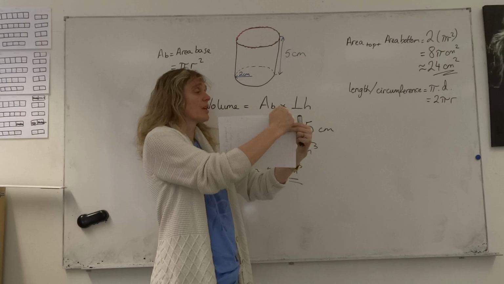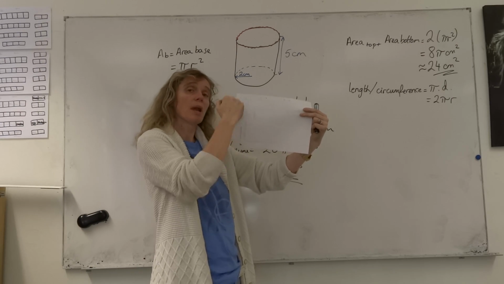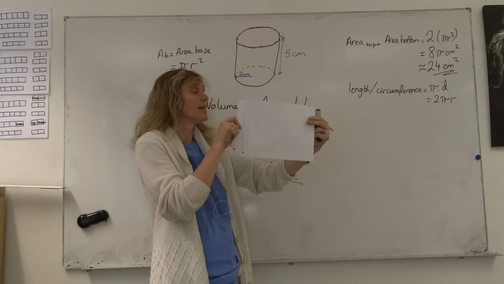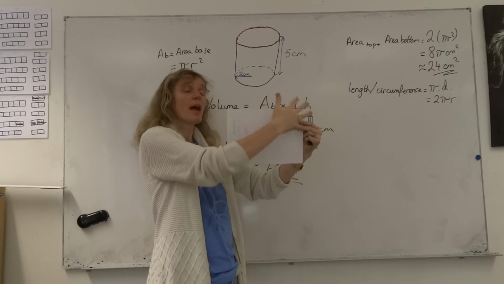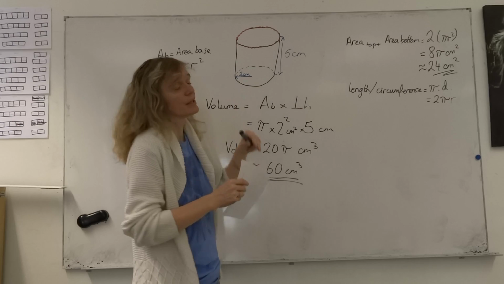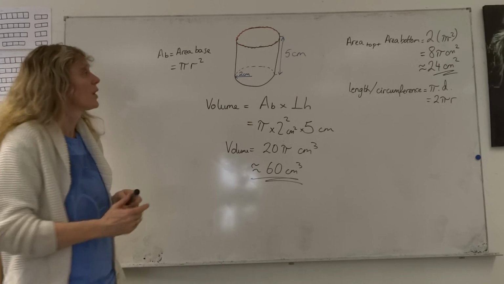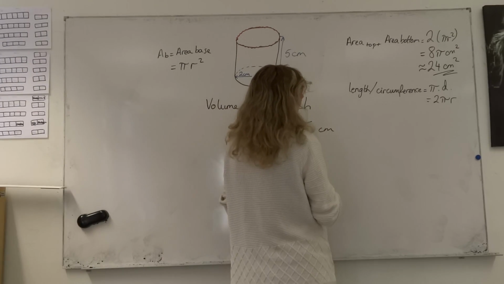So the circumference of the circle multiplied by the perpendicular height will give us the dimensions of the rectangle that surround this cylinder.